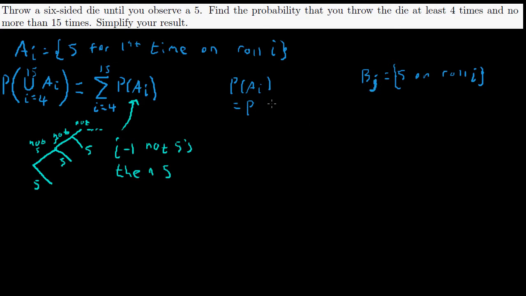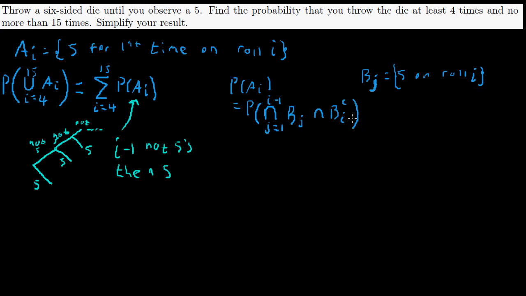So the probability of A_i is the probability of the intersection from j equals 1 to i minus 1 of B_j complement, all that intersected with B_i.